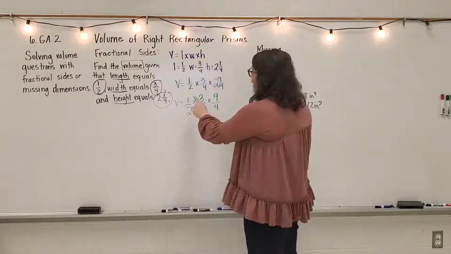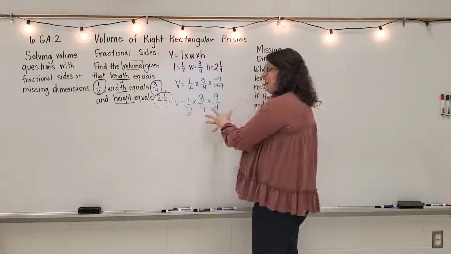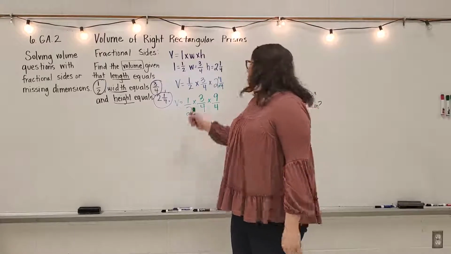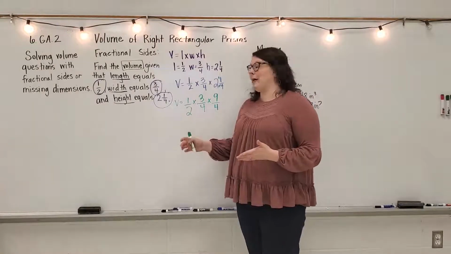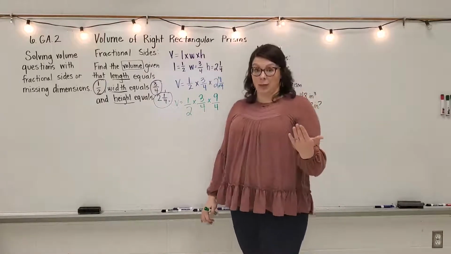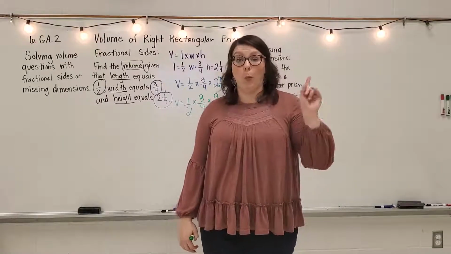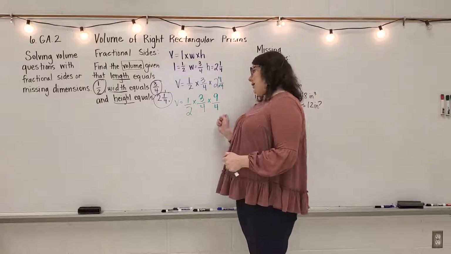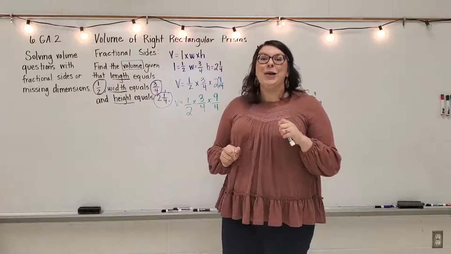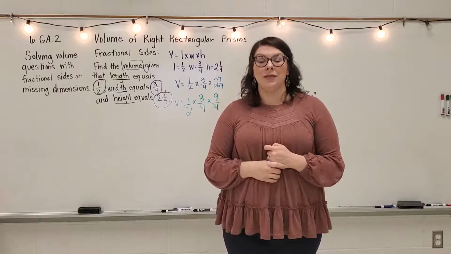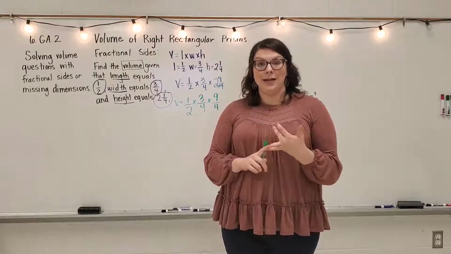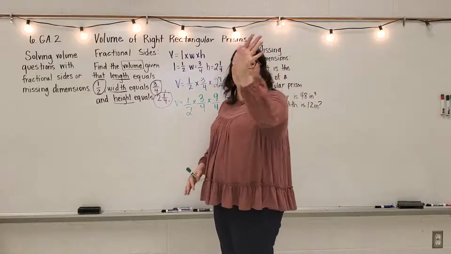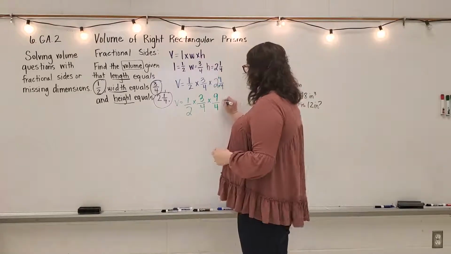In this case, 1 cannot be divided by anything because it's only divisible by itself. 3 cannot be divided by any of our denominators because it is a prime number, which means it's only divisible by 1 and itself. 9 cannot be divided by any of our denominators because it only has the factors of 1, 9, and 3. So that means I'm not going to worry about simplifying. I'm going to just multiply it across.